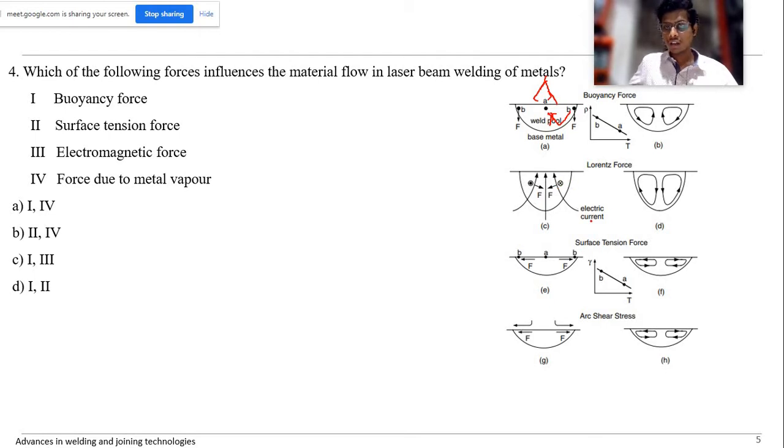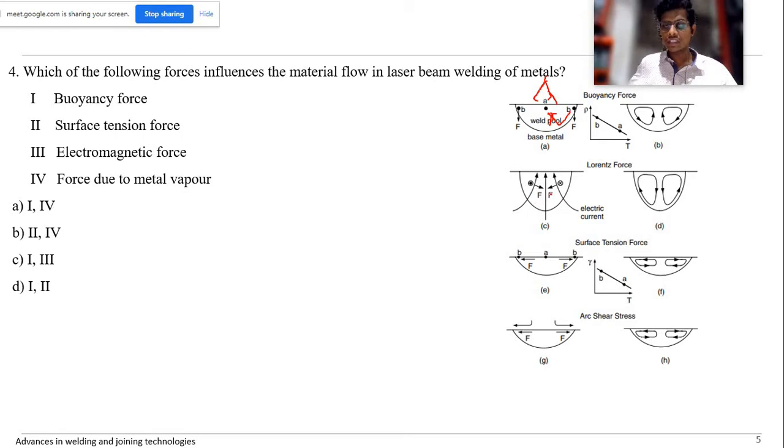Based on the magnetic field and electric current, there will be a force also. From the right hand rule we get the direction of the Lorentz force. This is the electric current, so the Lorentz force will be towards the center, like this.